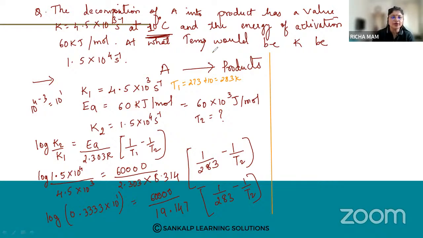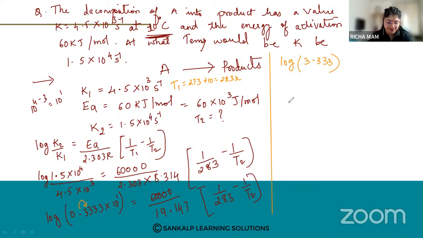Log of 0.33 into 10 raised to 1. If I shift this decimal to the right side, this will become log of 3.333. So 10 raised to 1 is there, I'll shift this decimal by 1, so it will become log of 3.333.